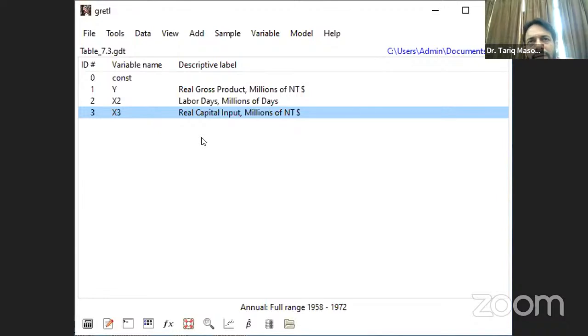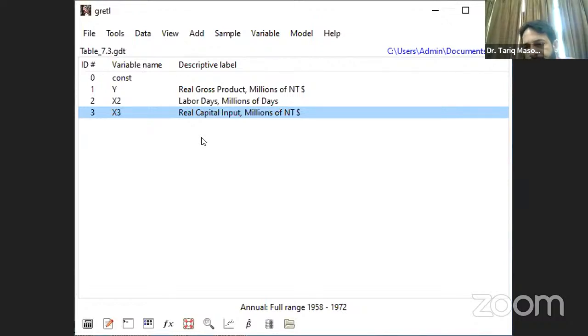There are other production formulations, but even if you are using the Cobb-Douglas production function, it is a non-linear function in original form. Originally, it is Y is equal to beta 0 into K power beta 1, L power beta 2. Okay, and when there is constant return, we know beta 1 plus beta 2 is equal to 1.